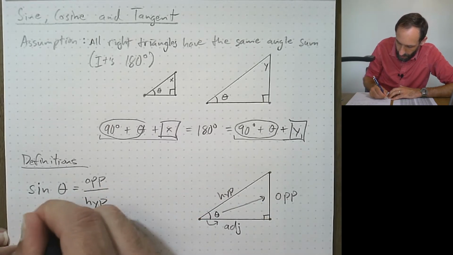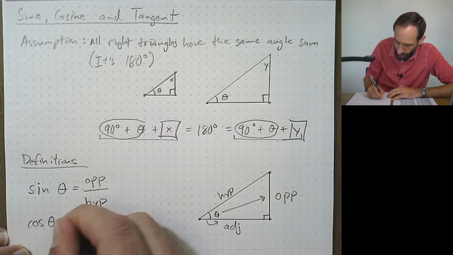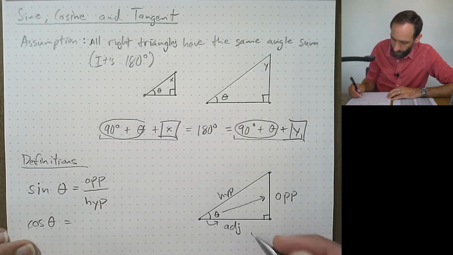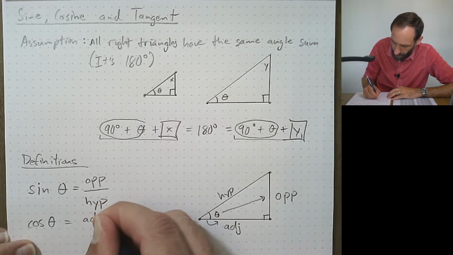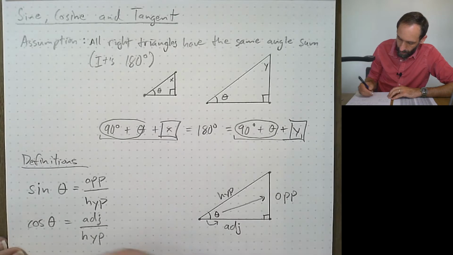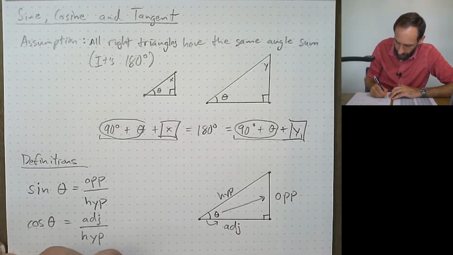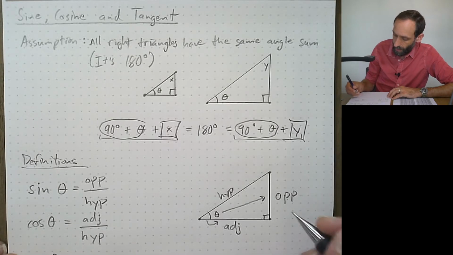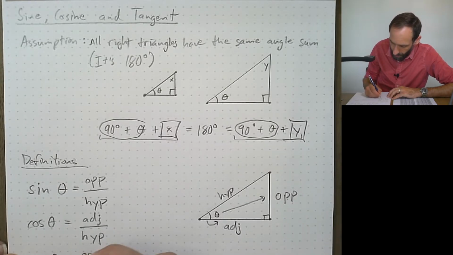For cosine of theta, the cosine of theta is equal to the ratio of the length of the adjacent side to the hypotenuse. And finally, tangent of theta is equal to the ratio of the length of the opposite side to the adjacent side.